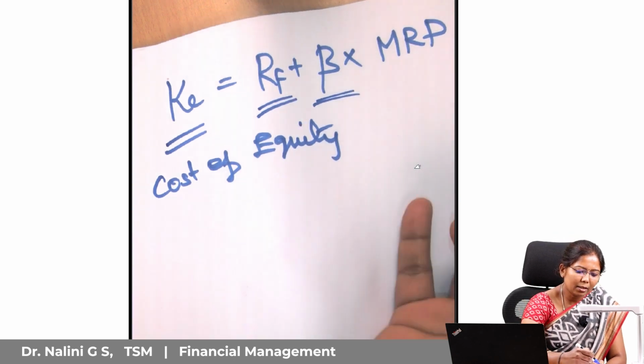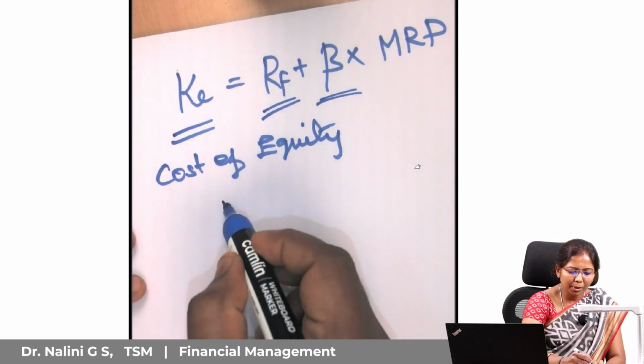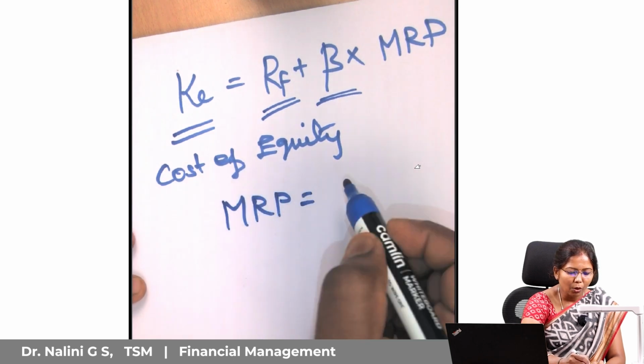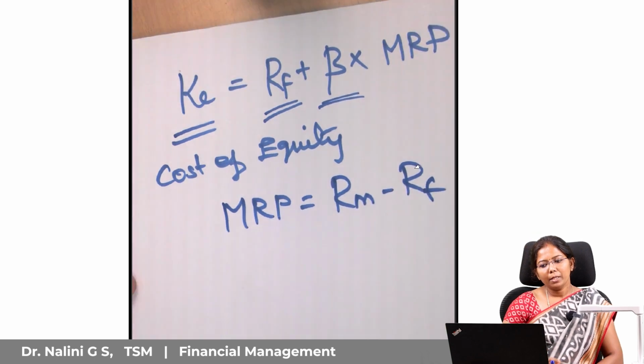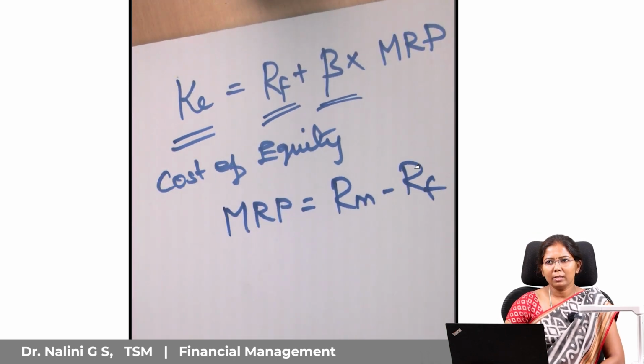And market risk premium. Market risk premium means the excess of market return over the risk-free rate, RM minus RF. RM is the market return, meaning the return of any benchmark. It can be the return of Sensex or Nifty, and RF is again the GSEC yield.